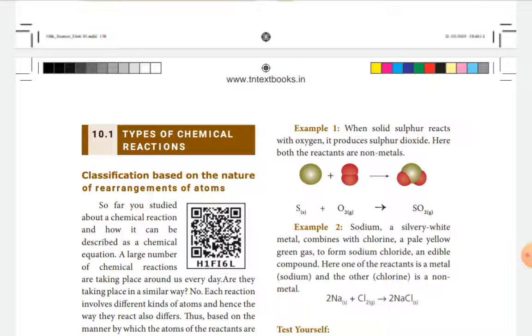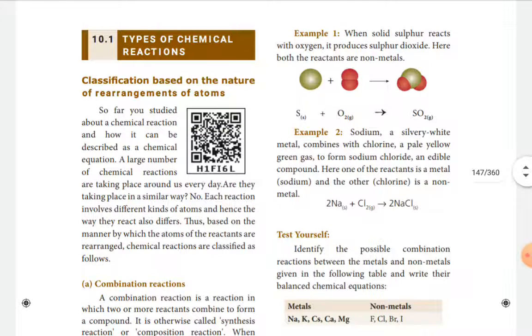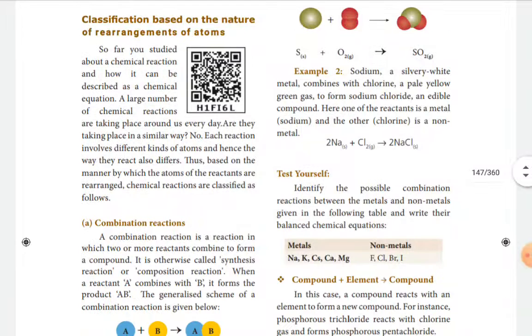You have to substitute the word equation, the names of the reactants and products, with the chemical formulas. Then we have to balance, checking whether the number of atoms of the reactants is the same as the number of atoms of the products. And the types of chemical reaction are classified into different categories based on the manner in which the atoms of the reactants are rearranged.